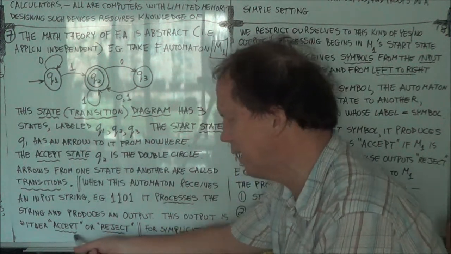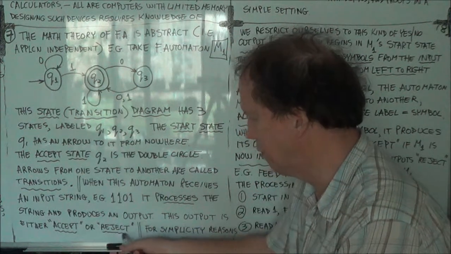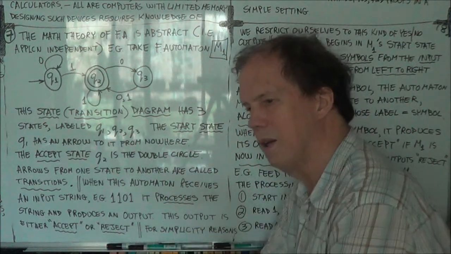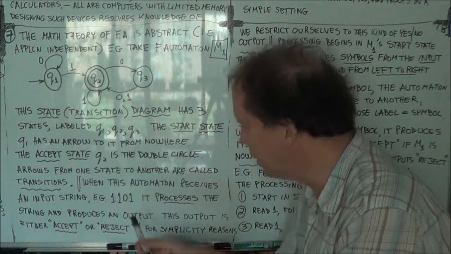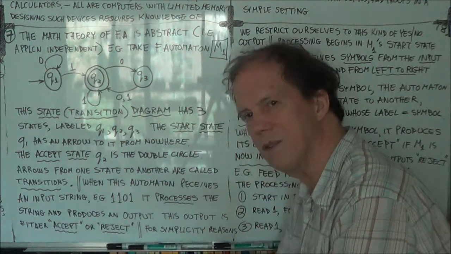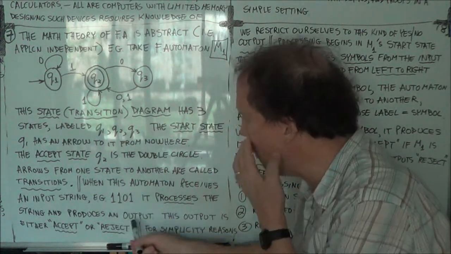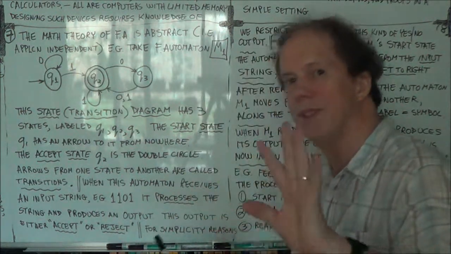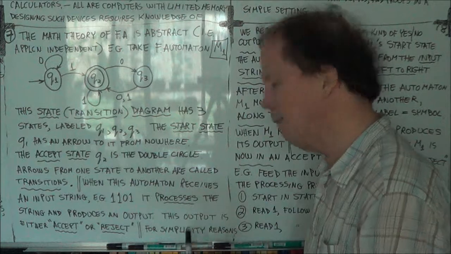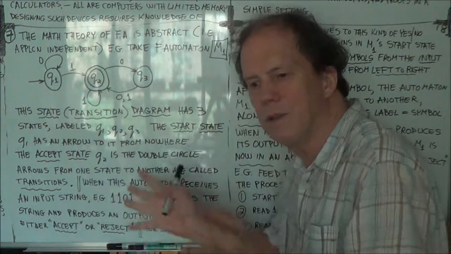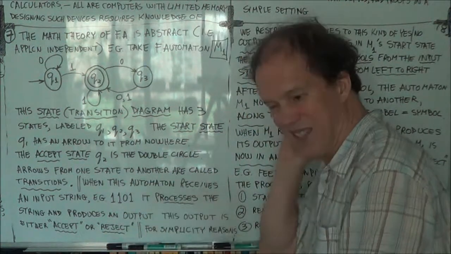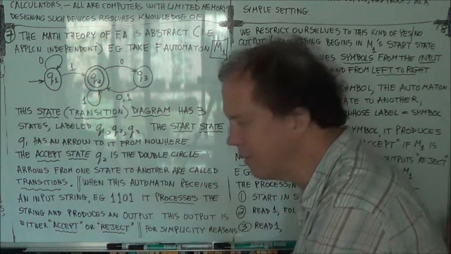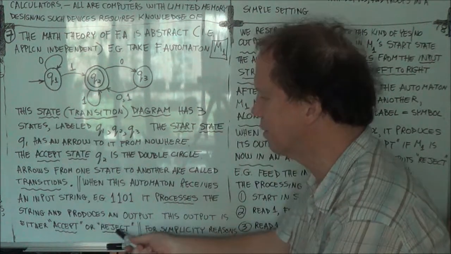One is accept, and the other is reject. Accept what and reject what? Well, this sequence of signals, it accepts it or it rejects it. And what does that mean? Wait a while. It'll all crystallize after a while. We're just setting up the terms and the technical labels.